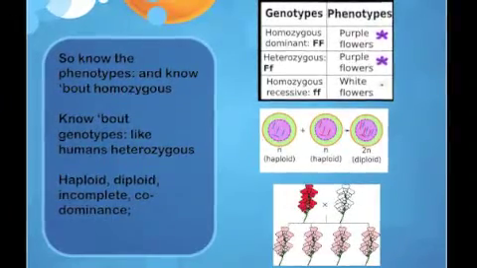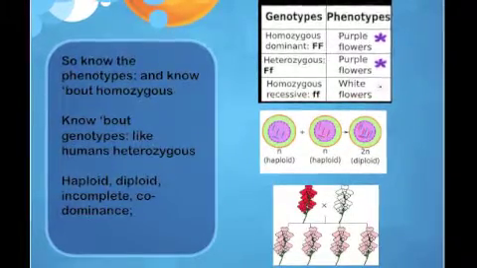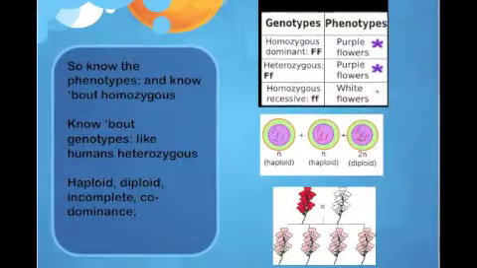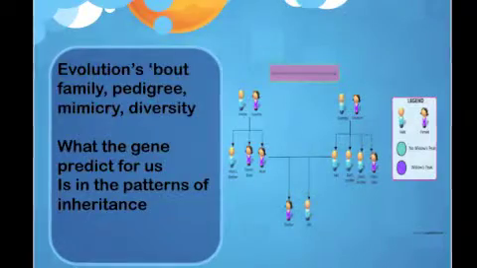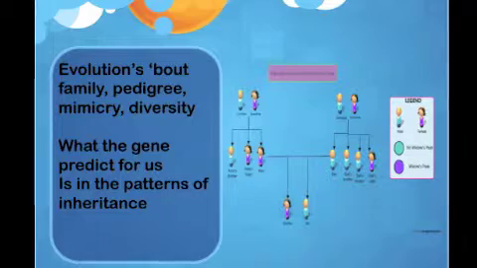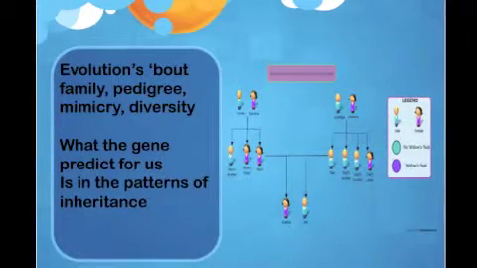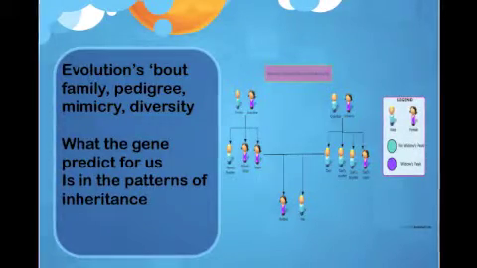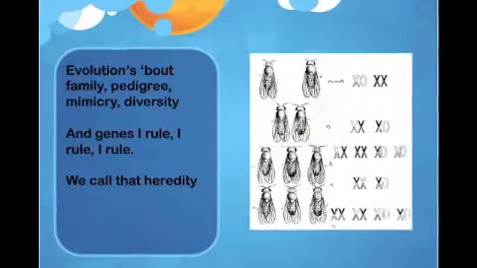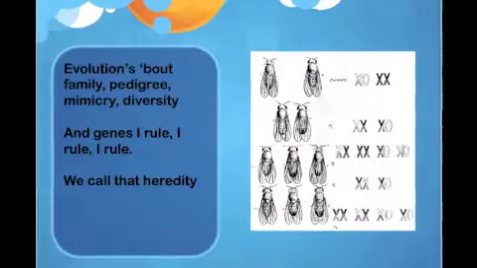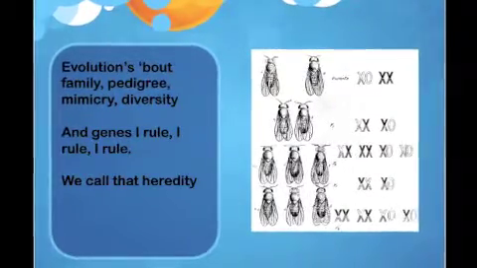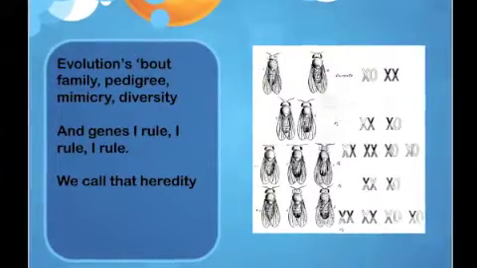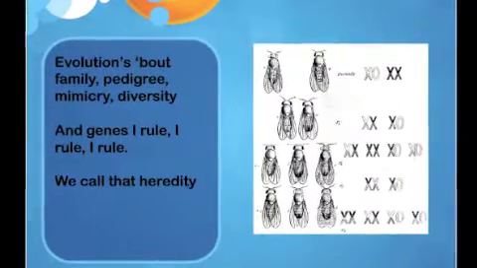So know the phenotypes and know the homozygous, know about genotypes like human heterozygous haplodiploid, incomplete codominance, evolution about family, pedigree, mimicry, diversity. What the gene predict for us is a pattern of inheritance. Genes I rule, I rule, I rule. We call that heredity.